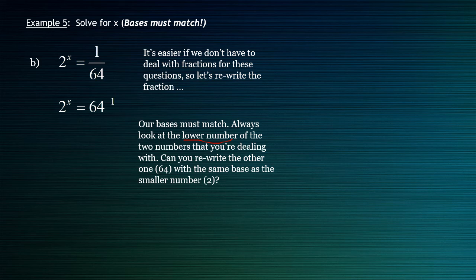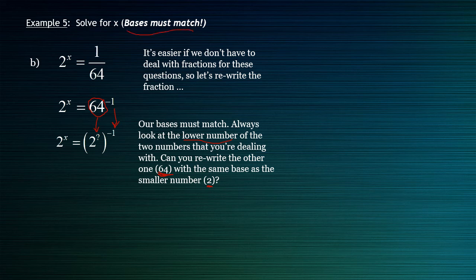Can I rewrite the 64 as 2 to the power of something? So is 2 to the power of anything 64? I'm trying to think if instead of having a 64 here, I could write it as 2 to the power of something. The negative 1, that's still there, right? That didn't go anywhere. But I'm just trying to change this because it says up here our bases must match.